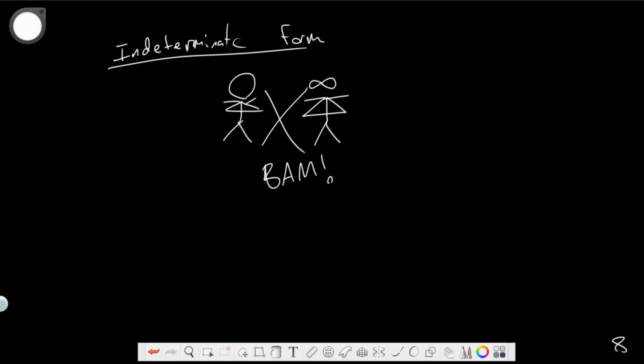L'Hopital's Rule says to look at how the graphs are growing. Look at the rate of change, the derivatives of the functions, to determine what is happening.